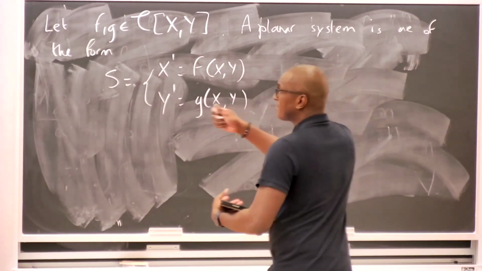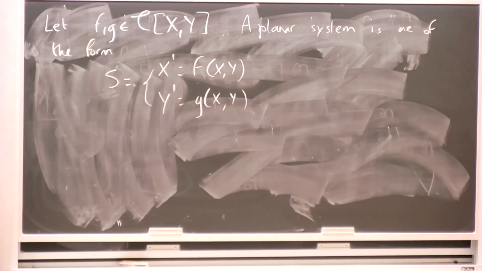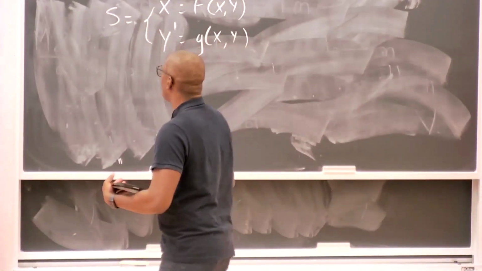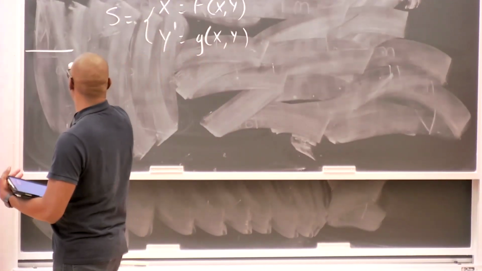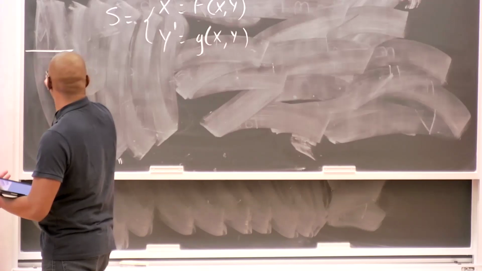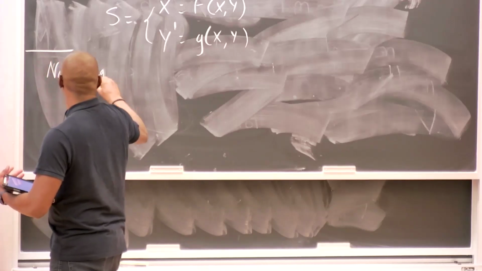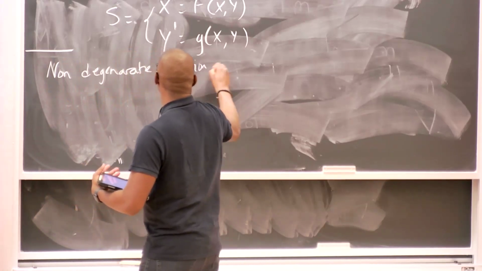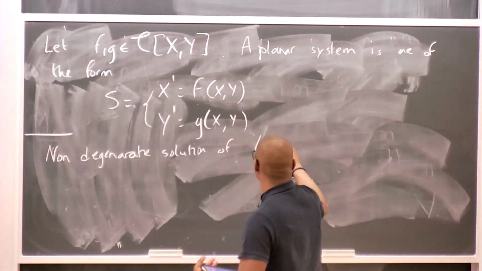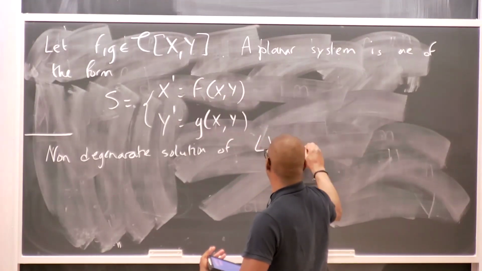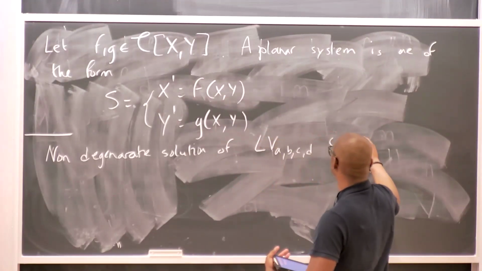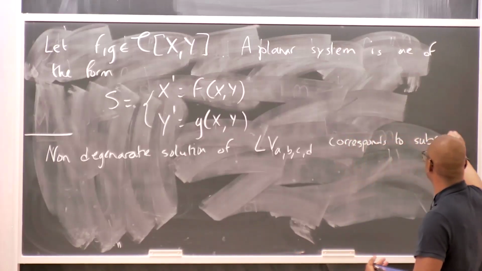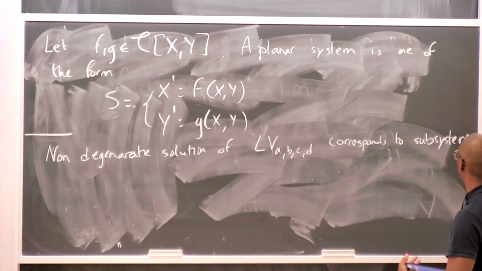To do this, let's look at the condition that I want to assume, that we have a non-degenerate solution. A non-degenerate solution of the Lotka-Volterra system corresponds to no subsystem.